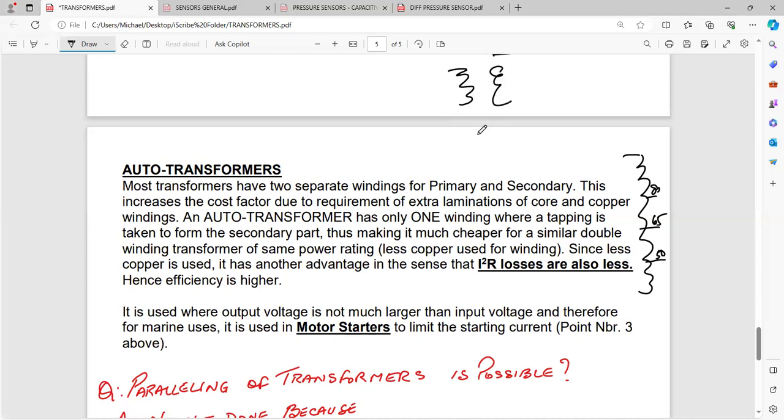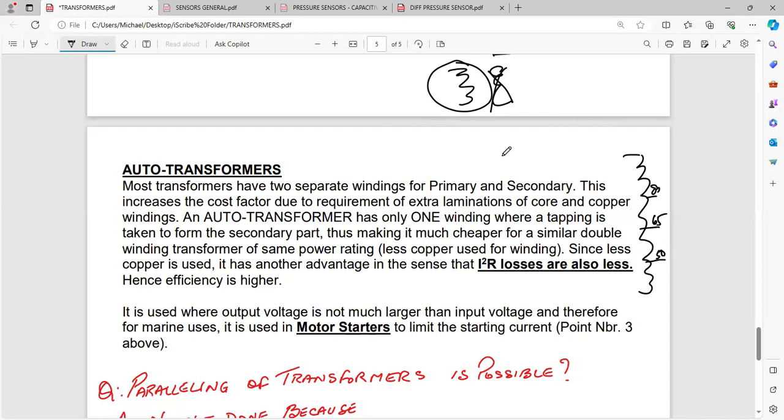That means there's copper windings here, there's copper windings here. So your I squared R losses are going to be more because of the number of copper windings. Here it is only one winding. Instead of having two windings, you're having only one winding. So your copper I squared R losses or copper losses are reduced. And therefore the efficiency of your auto transformer is much higher.